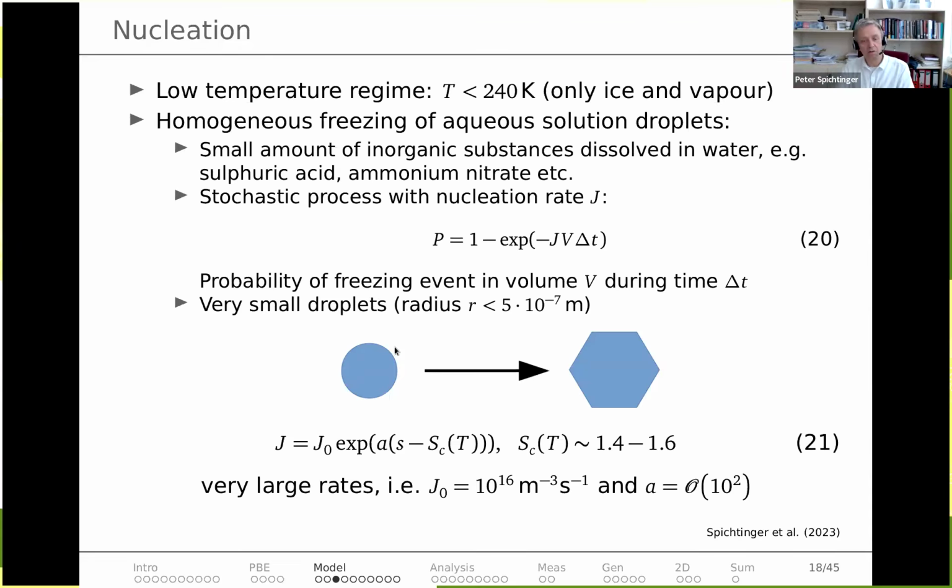And these small haze droplets or aqueous solution droplets just freeze with a nucleation rate, and you can, this is recent work, formulate the nucleation rate like this, an exponential function with a very, very steep increase and a kind of threshold. And this is a formulation we will use later.